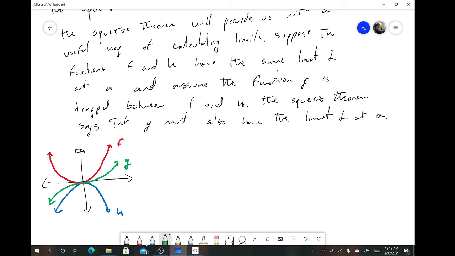Then if we're looking for the limit as x goes to 0 right here, and we know that the limit of f and the limit of h are equal, meaning limit as x goes to 0 of f equals limit as x goes to 0 of h, and that's 0, then because g is trapped between them and g must pass through here, then g must also have the same limit as both f and h.